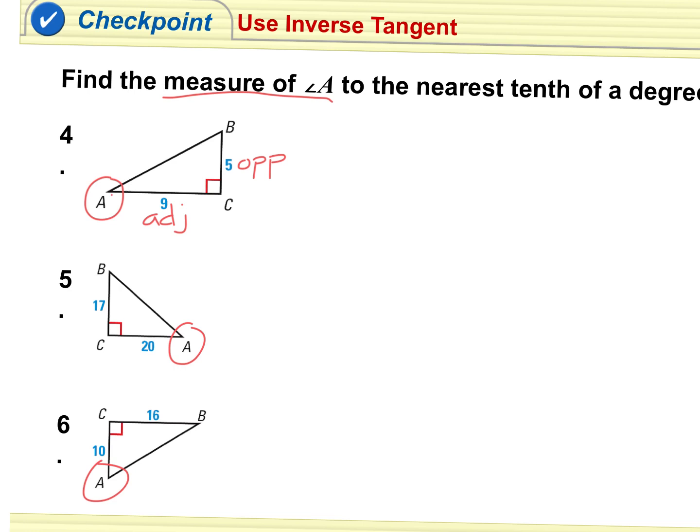Yep. So now we come back to our ratios. Which trig ratio uses opposite and adjacent? Tangent. We picked tangent. Now we need to write the equation like we were last week to solve. Tangent equals opposite and adjacent.